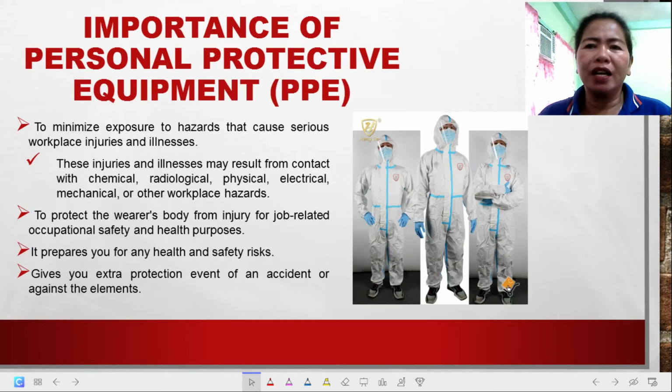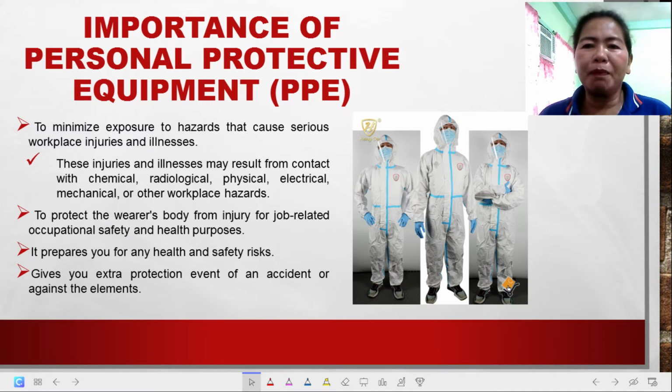By the way, what are the different importance of the personal protective equipment or the PPE, especially this time of pandemic? So here, I have shown an image or a picture of a person who are wearing the PPE.